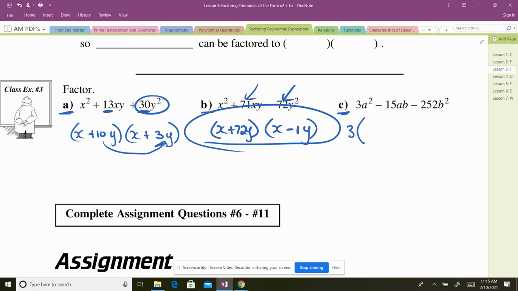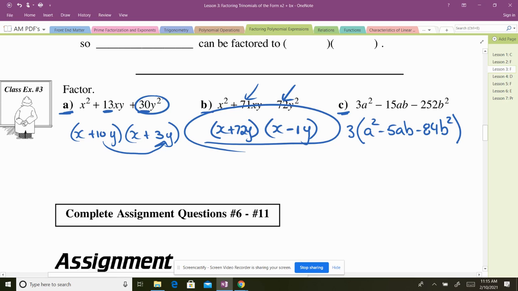You divide each thing by 3, right? So a squared, what's 15 divided by 3? So 5ab, 252 divided by 3, anybody? If you said 84. Okay, so we pulled the 3 out.